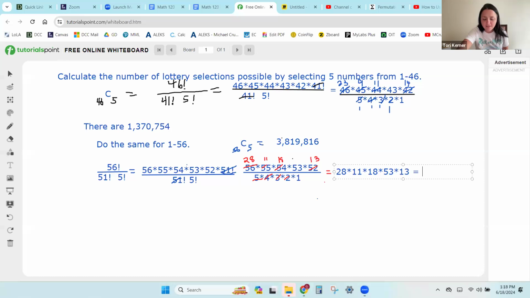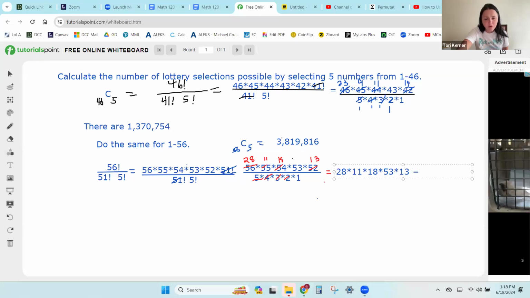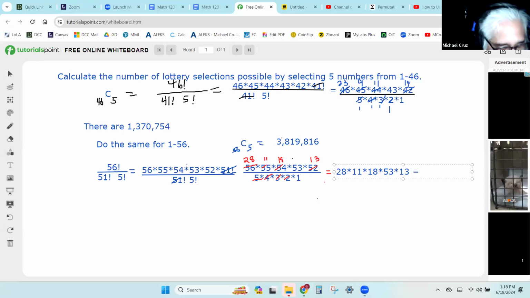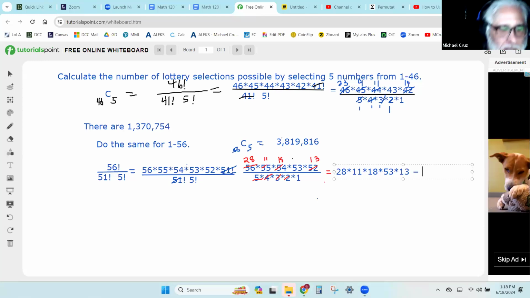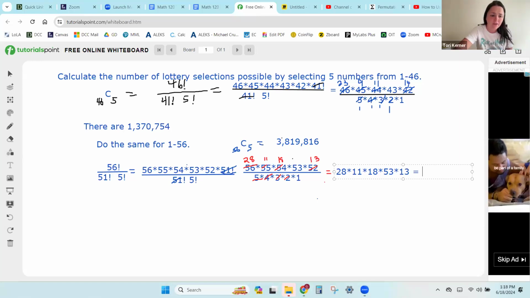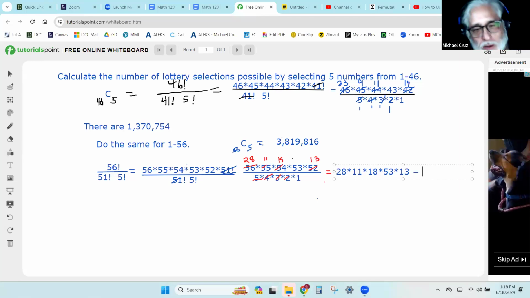Is this considered the counting principle, or what is this? No, let me explain that in a second. Let me finish this and I'll explain it. The counting principle is simply where you do the multiplication. Like the tree diagram, yeah, for a tree diagram.